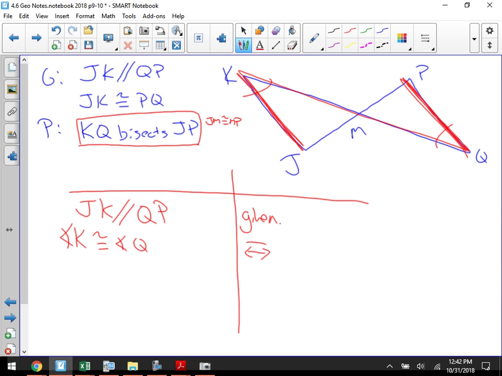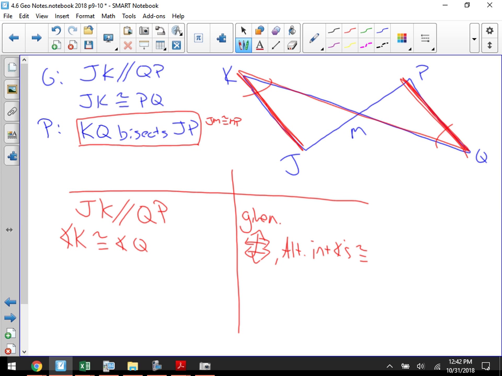Two parallel lines cut by a transversal, alternate interior angles. Again, there are two different things you can do. In this picture, does everybody agree that there are vertical angles with the vertex of M?